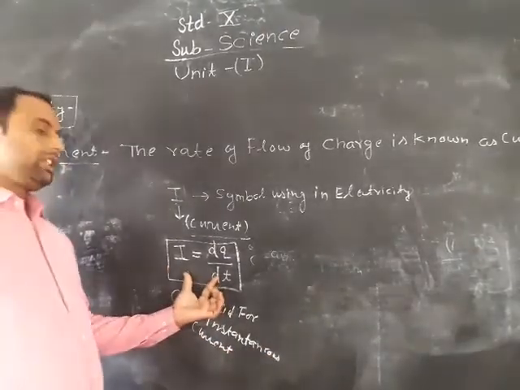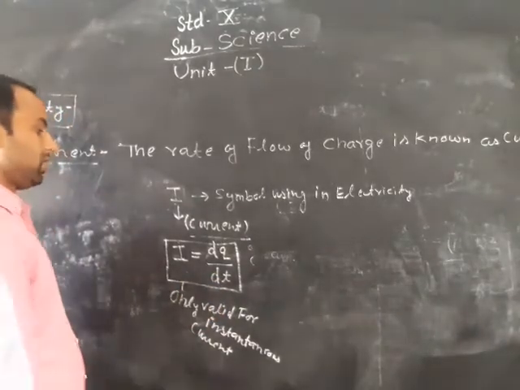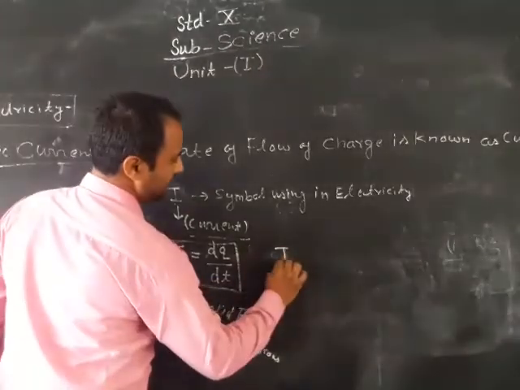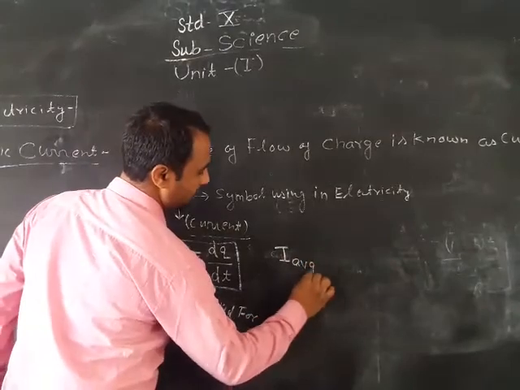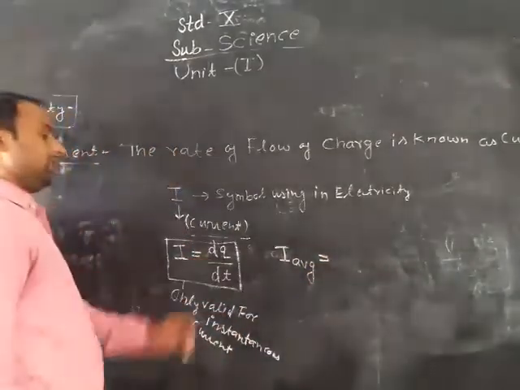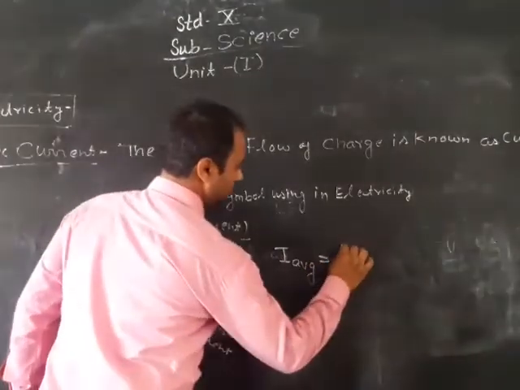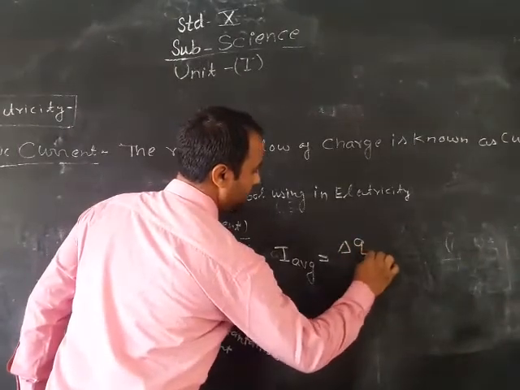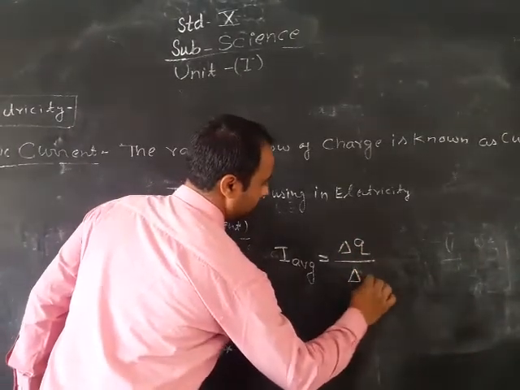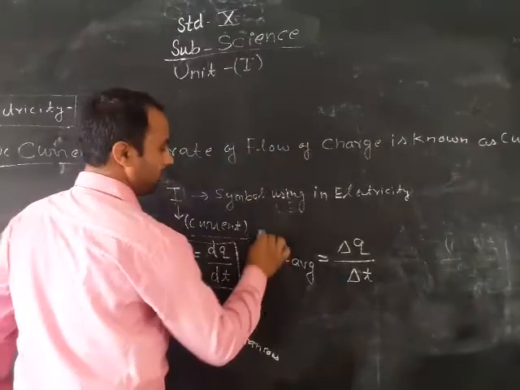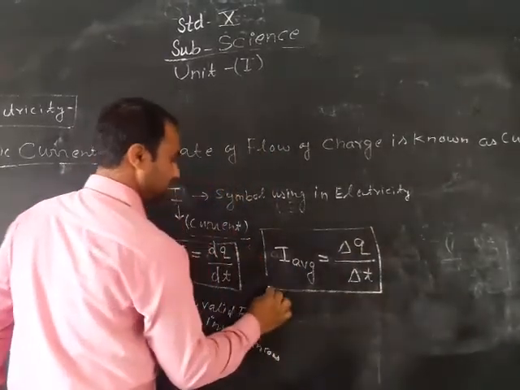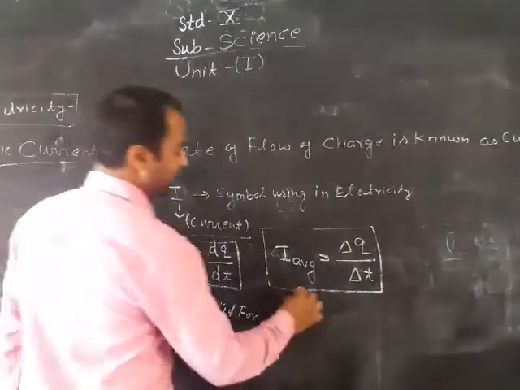If we want the value of average current, we use this formula: I average is equal to delta Q by delta T. This is the formula for the average current.